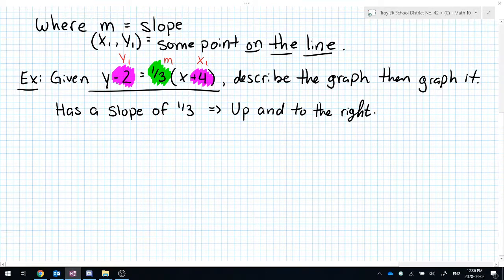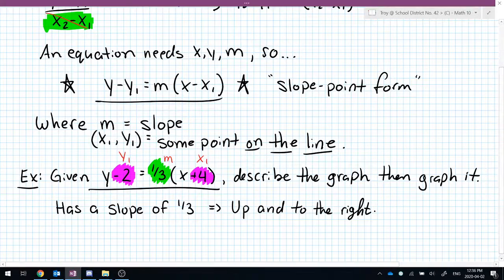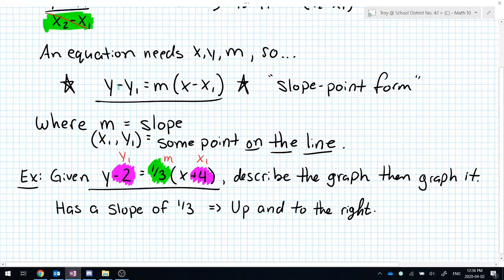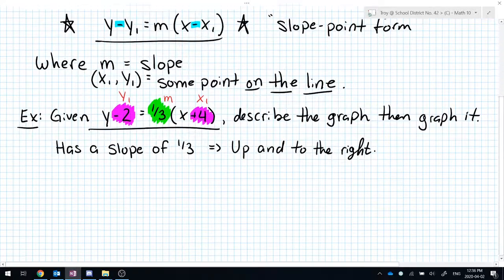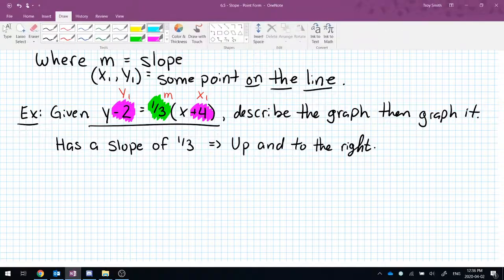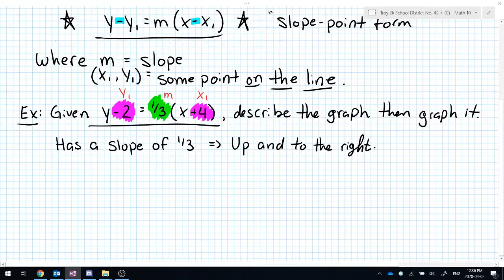Something I want to point out where you have to be really careful with slope point form is that in the equation, right here and right there, they have a negative symbol. It's subtract y1 and subtract x1. So that means we'll have to do this. We see x1 equals 4, and y1 equals negative 2.